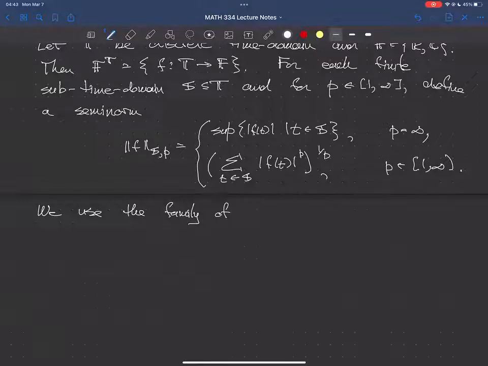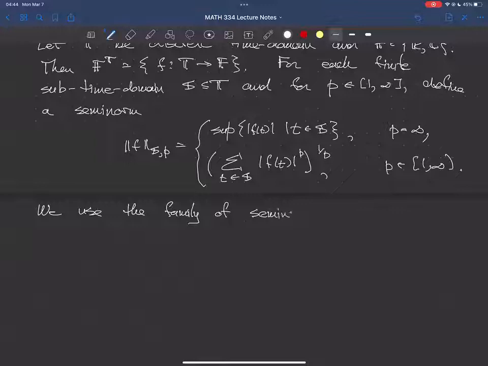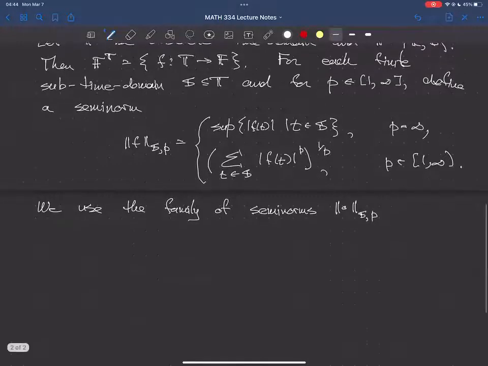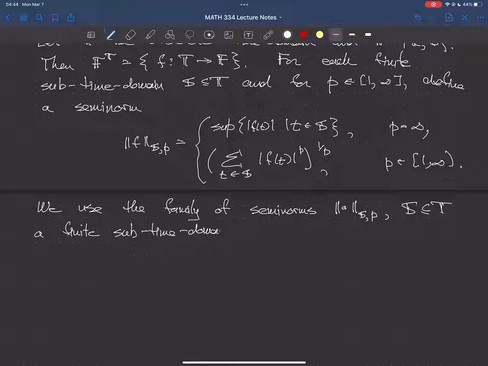So you don't just have one norm, you have a family of seminorms, labeled by finite subtime domains S of T, to give a topological structure to FT.